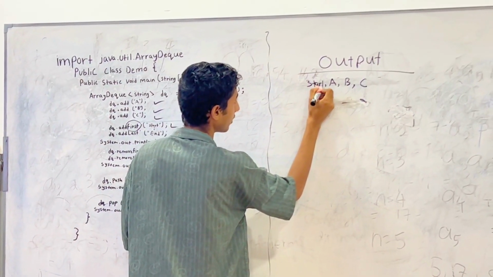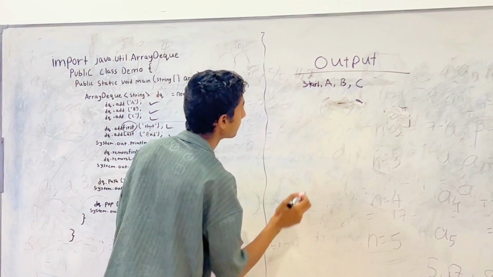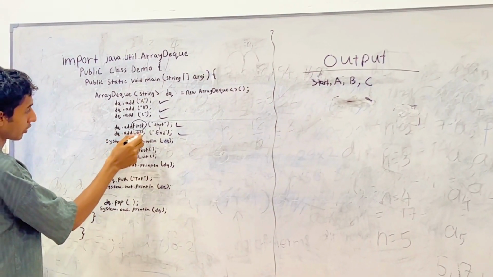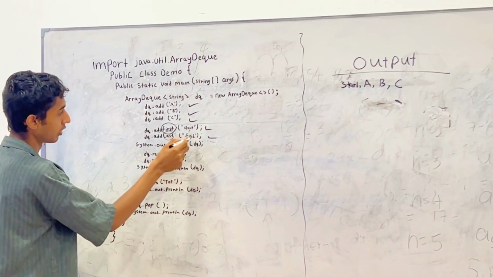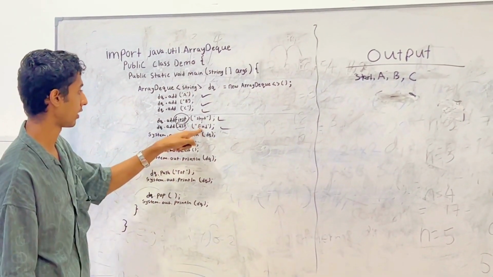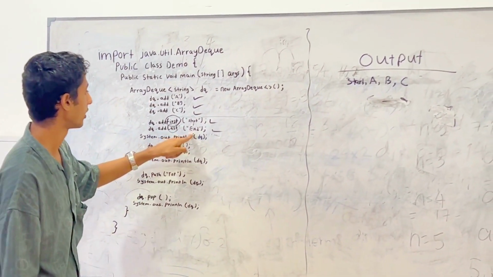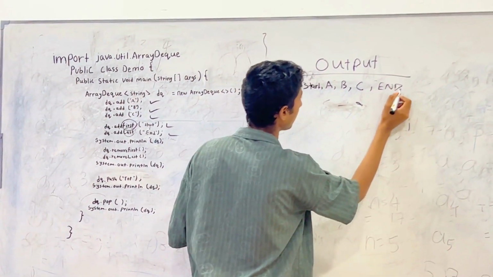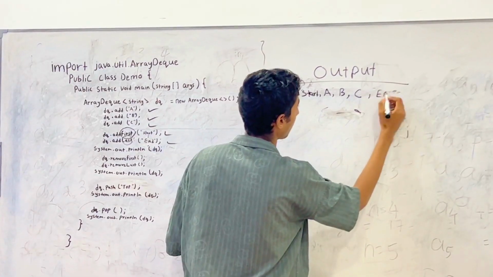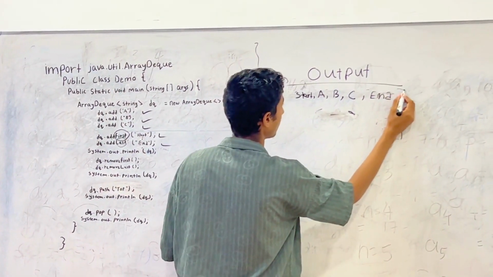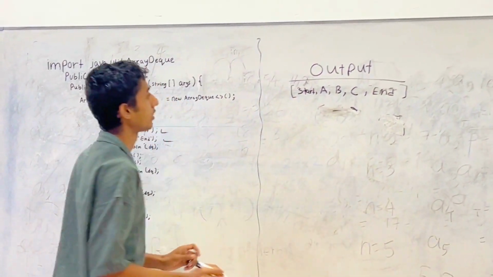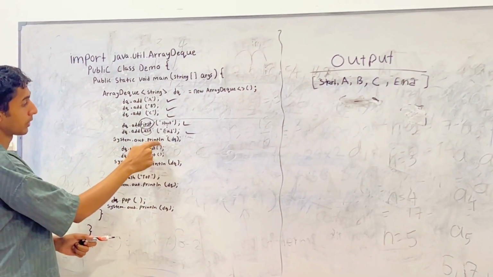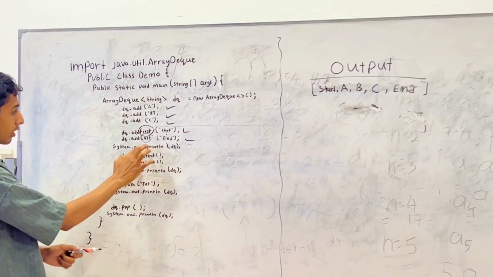This start element will be there, and dq.addLast, so we have to use this end element here, and D. So this will be the output of this line, System.out.println, from this stack until here.